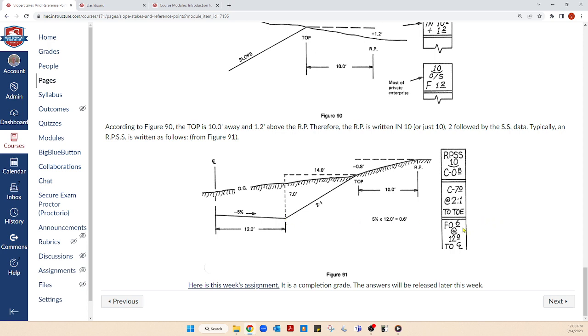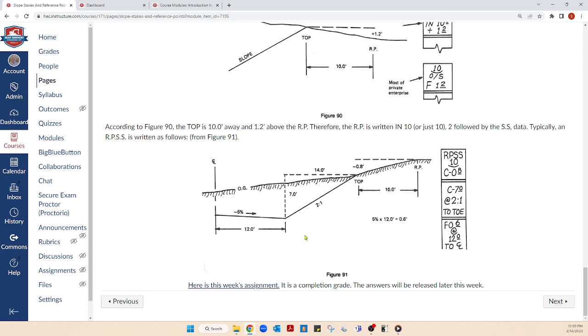And then I want you to come back up. I want you to fill 6/10, a vertical of 6/10 at 12 feet.